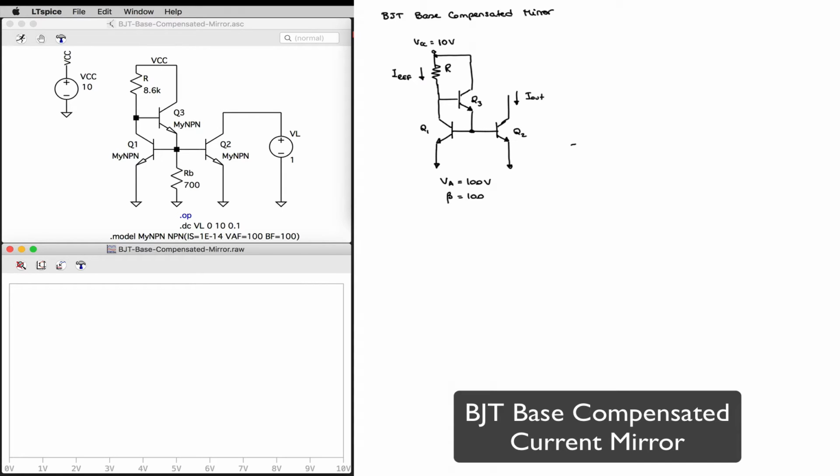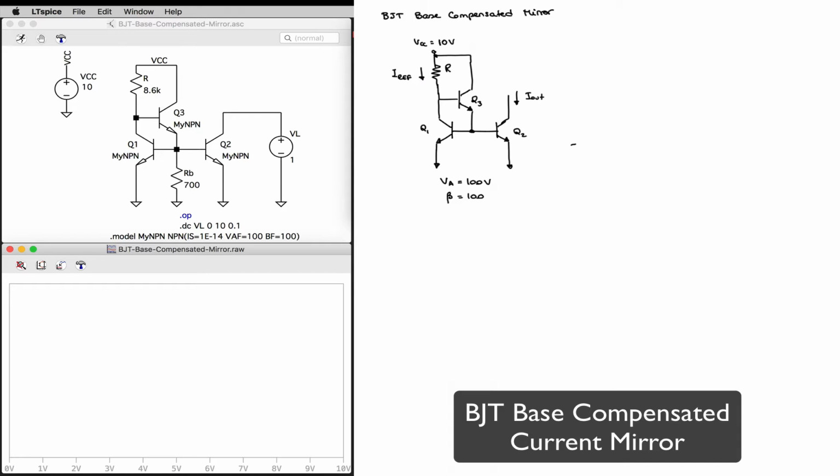And therefore, if we want to get full advantage of the beta helper effect, which will give us more accuracy in our output current or a better current transfer ratio, then we'll need to make the collector current of Q3 comparable to the collector currents of Q1 and Q2.